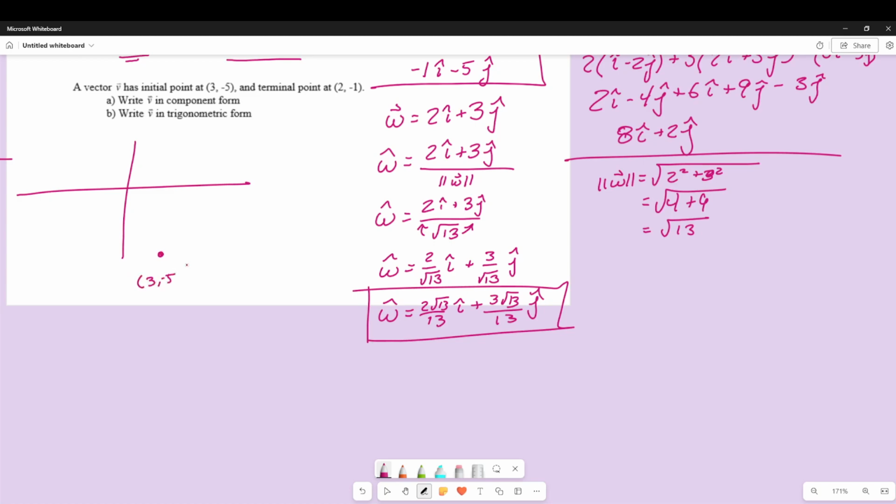We could label our axes and put a scale in if we wanted to, but it's just to give us a visual reference for our own work. But a terminal point at 2, -1, so somewhere around there. So that's our terminal point, so we'll be headed in this direction.